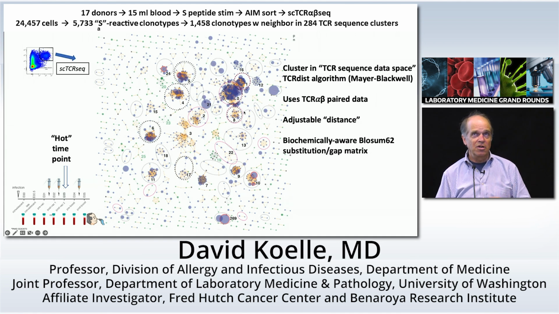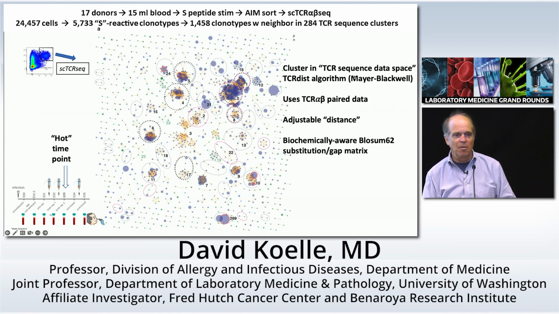you start to see some structure. We used TCRdist3 by Koshlan Mayer-Blackwell, who's at the Hutch, as the algorithm, using the paired data, so data from both the alpha and beta chains. The distance parameter that you allow for clustering is tunable, and we set this to be very conservative, so the sequences had to be almost the same in order to form a cluster.